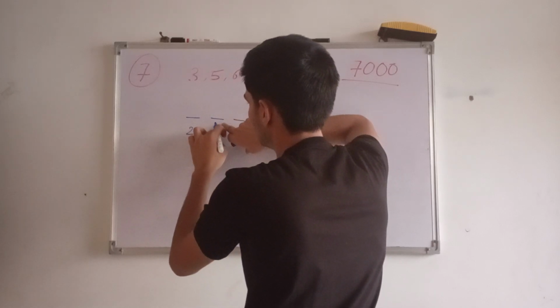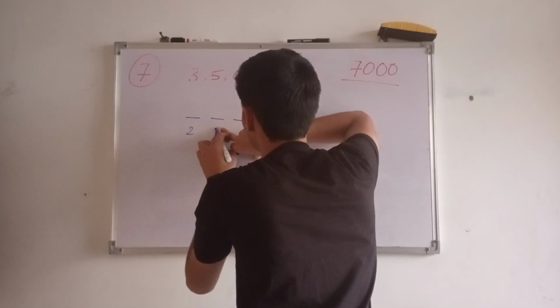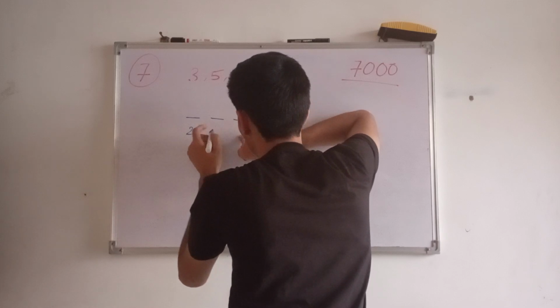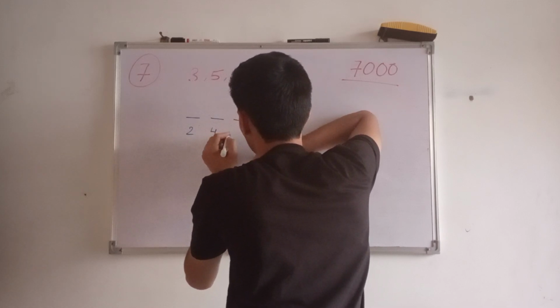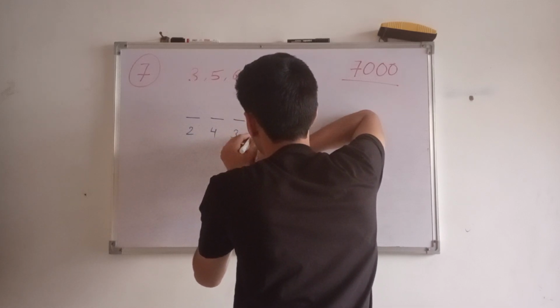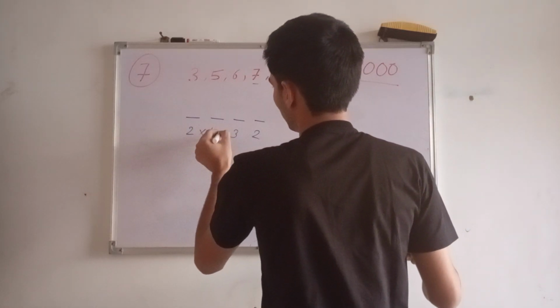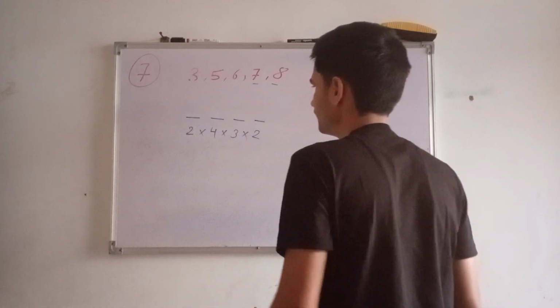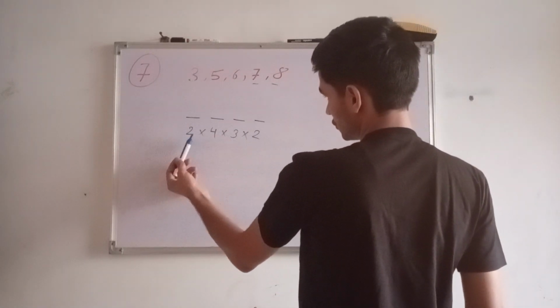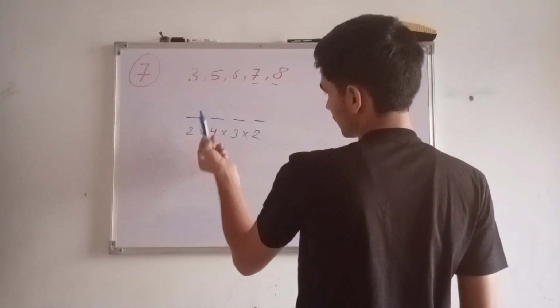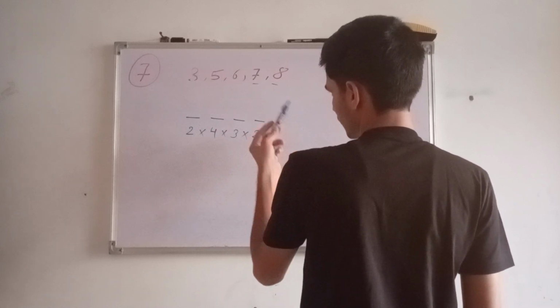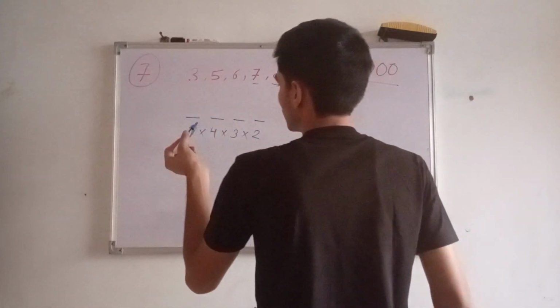The next place can be selected from 4 terms, so 4 options here. Then 3, then 2. So the first number can be selected in 2 ways, then the remaining are 4, 3, 2.